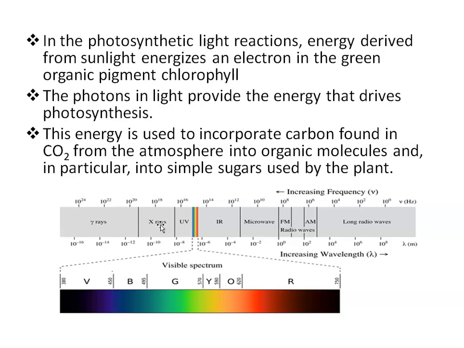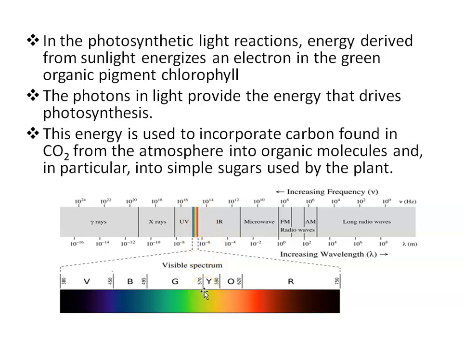right? Then gamma rays. Gamma rays are blocked out by Earth's atmosphere, right? So we will talk about visible radiations because visible light is detected by the human eye. Within the visible wavelength, just look at this visible spectrum, this colored part.